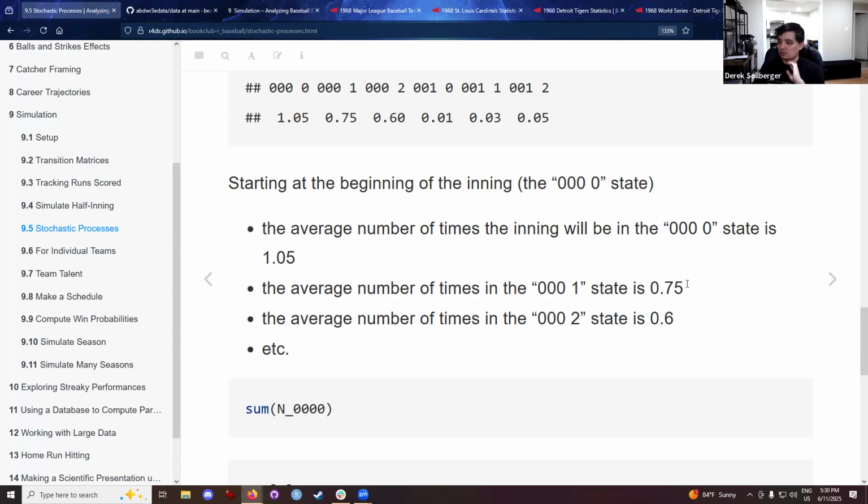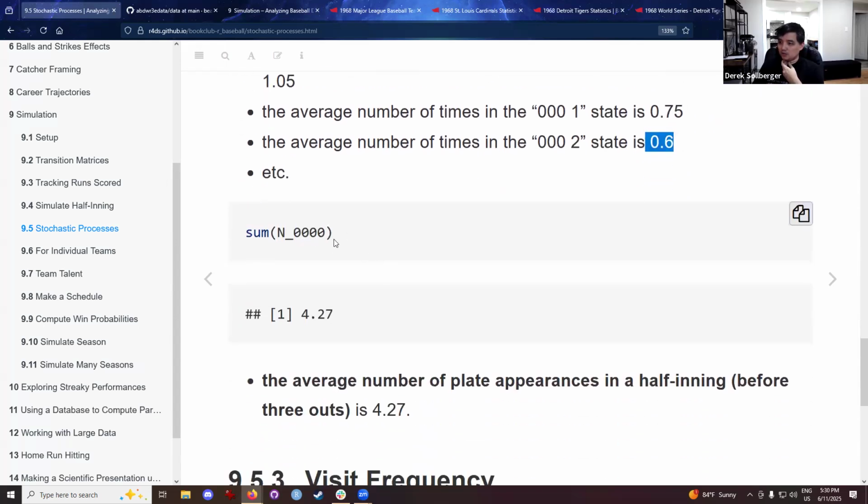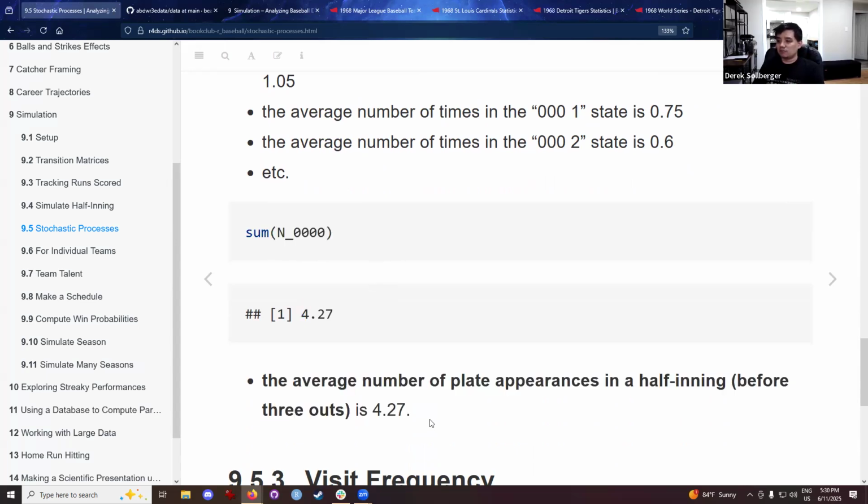The number of times in a 1-out state, and the 2-out state with no base runners, is 0.6. Of interest is if you start with no base runners and 0 outs, add up all the average possibilities, you get this result here. The average number of plate appearances in a half inning before 3 outs is 4.27.